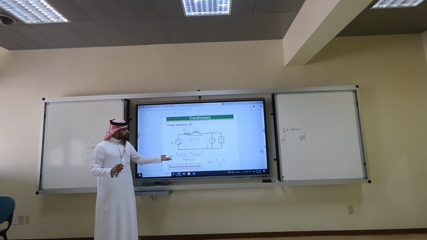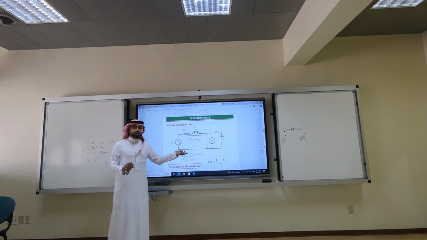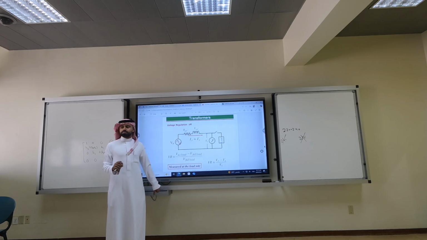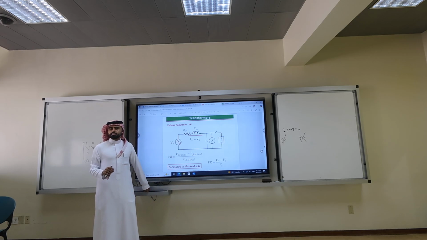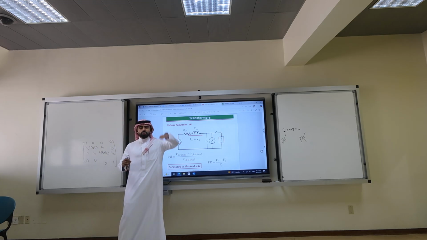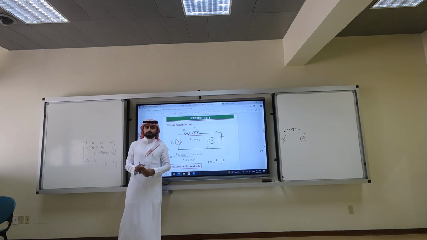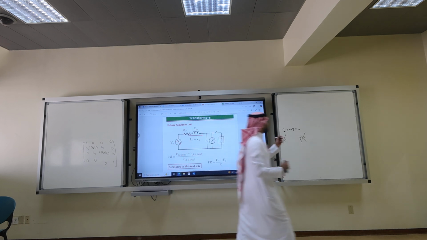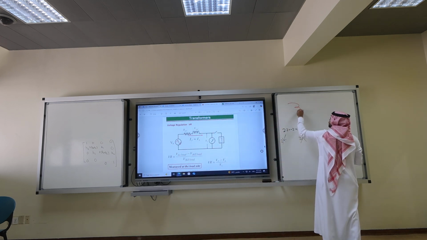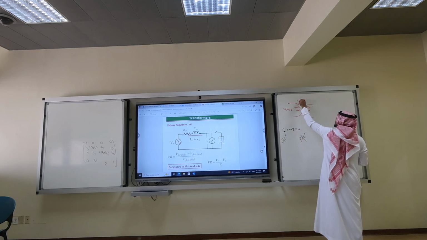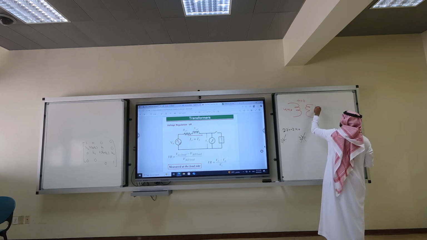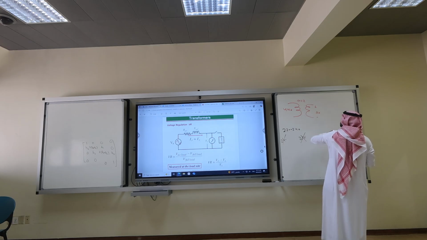In other words, do I want my voltage regulation big or small? Smaller is better, because smaller means even if I remove the load, there is no deviation in the load voltage. Let me tell you the example one more time. I have a transformer, 440, a equal 2. So what will appear here? 220.